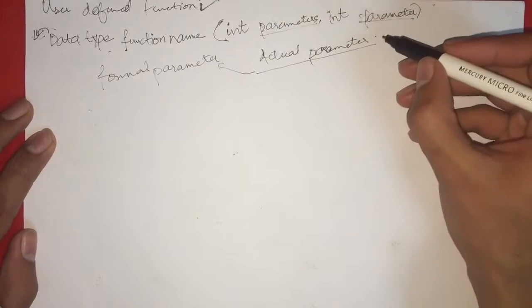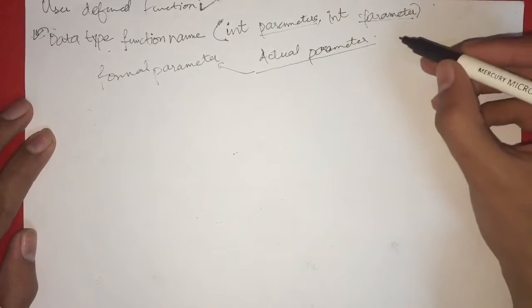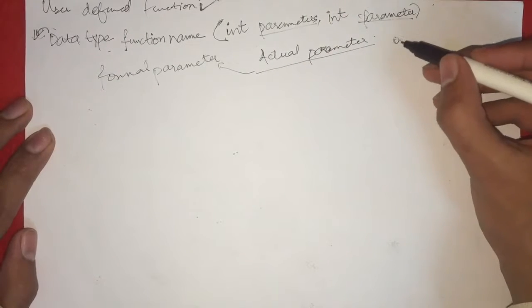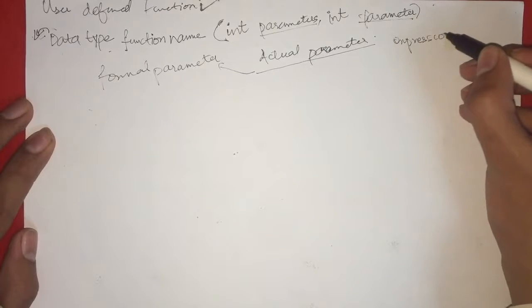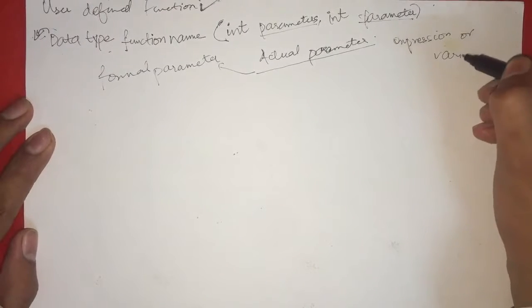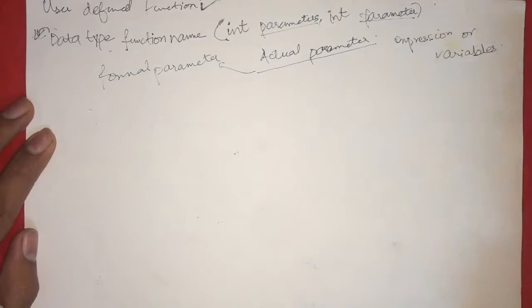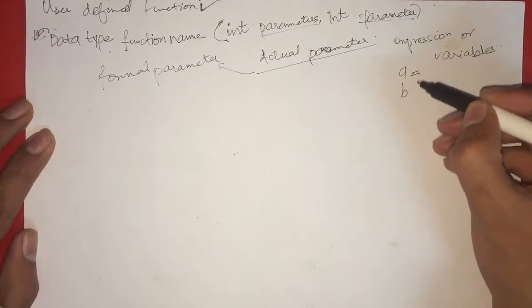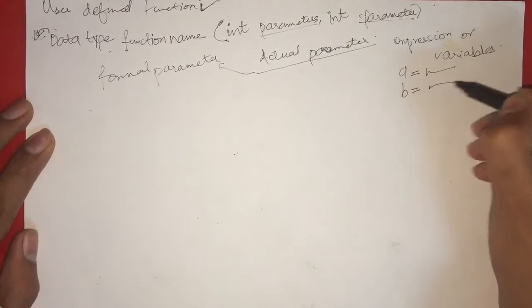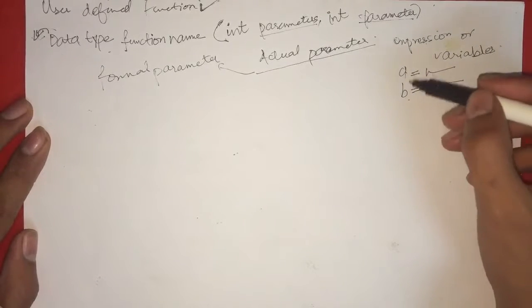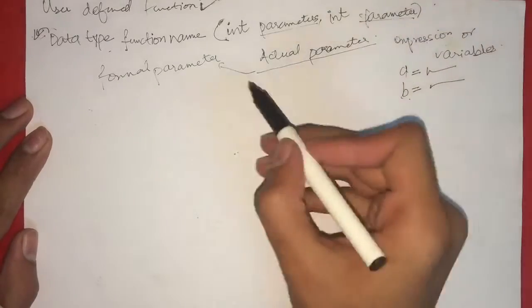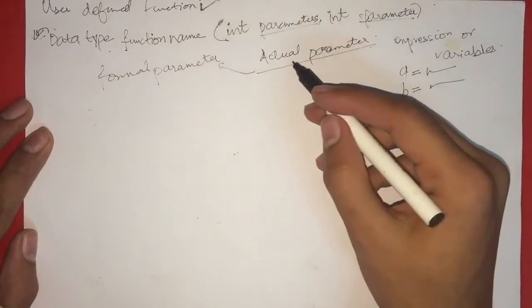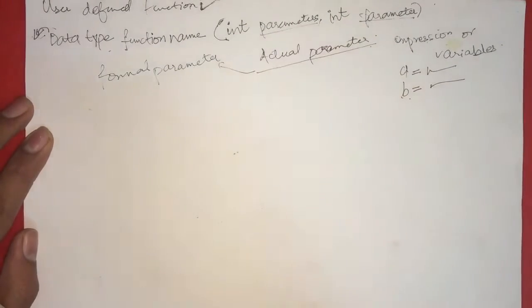In actual parameters you put the actual values you want to be solved through that function, so you put expressions or variables which you have declared prior to calling this function. For example, you have variables a and b, you have already given them some values, and then you put these variables into the actual parameters when you call the function. I'm going to come to calling the function in a little bit.